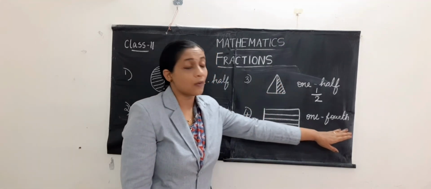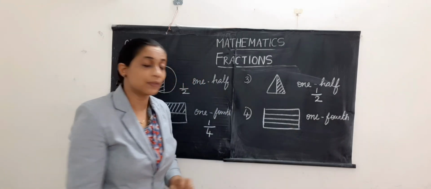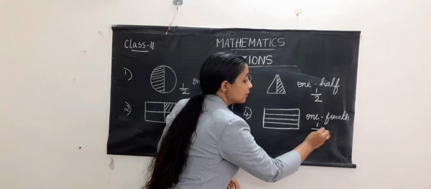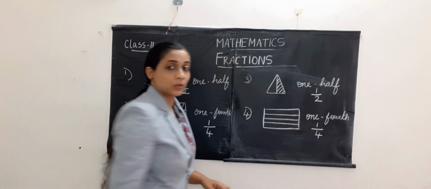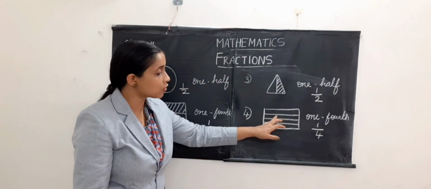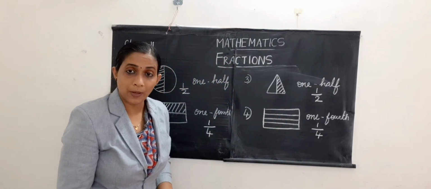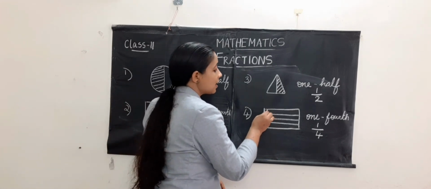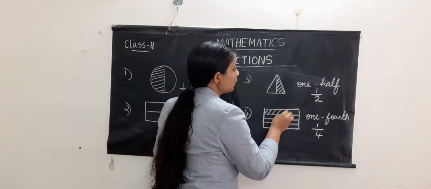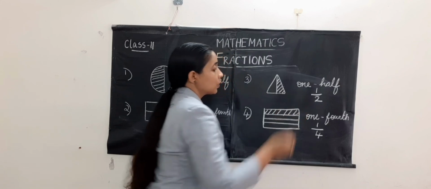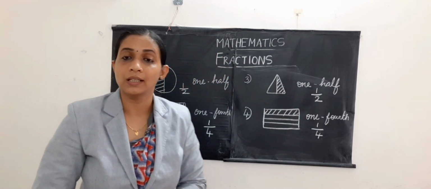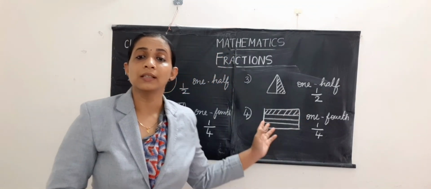Next question, 1/4. Again, what is 1/4? 1 out of 4 parts. You see, 1, 2, 3, 4. 4 parts are there and you have to shade 1 out of 4 parts. This is how you do the shading for the portions.